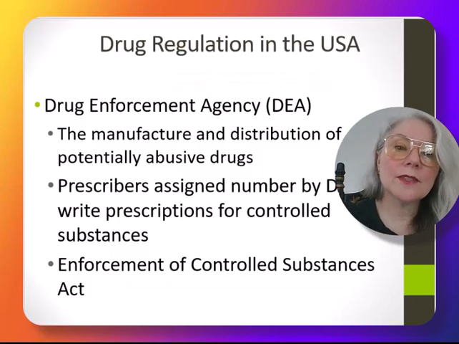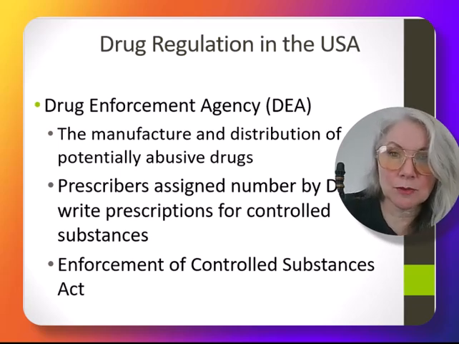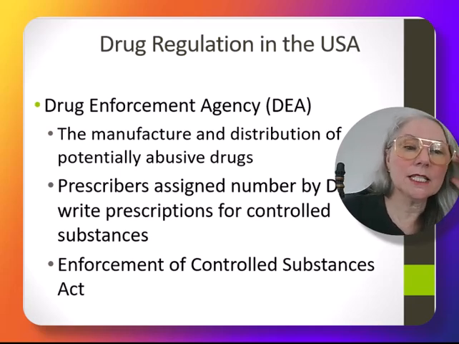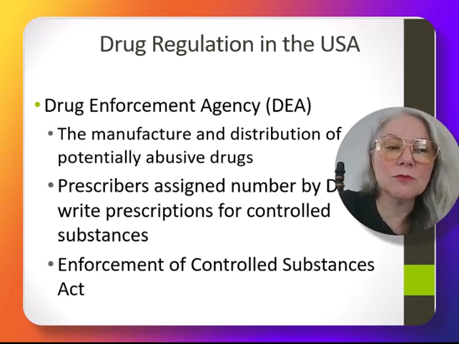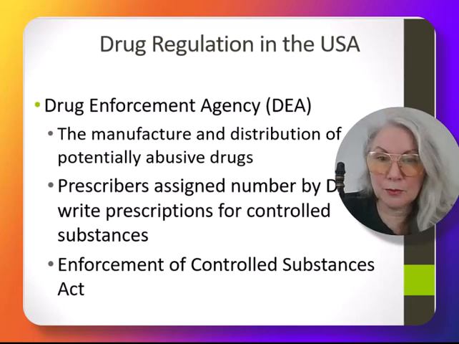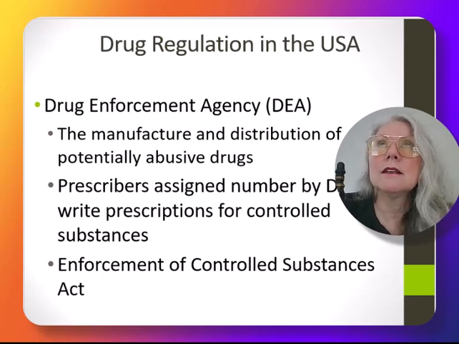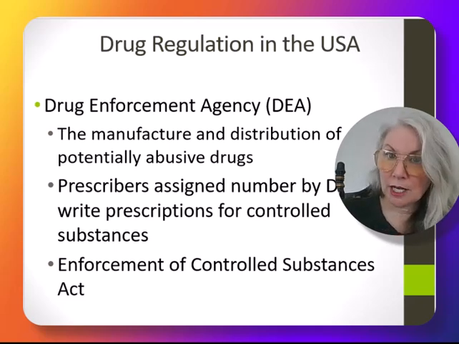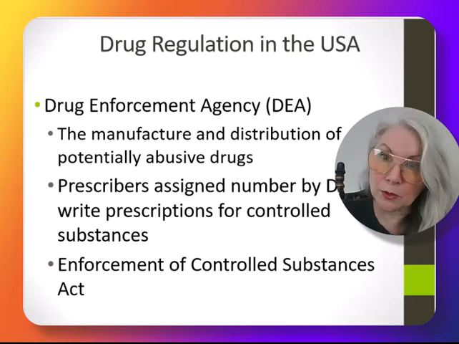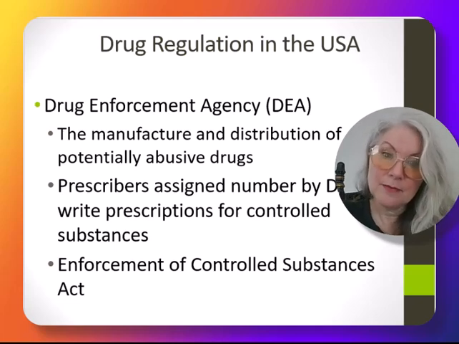Now we also have the DEA, the Drug Enforcement Agency, which is part of our Department of Justice, and it regulates the manufacture and distribution of substances that have the potential for abuse. So prescribers that prescribe drugs which have a potential for abuse, things like our opioids, are assigned a DEA number.